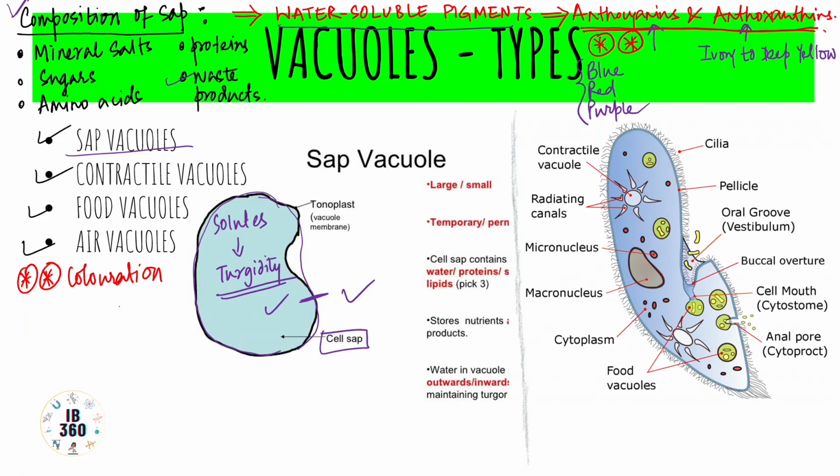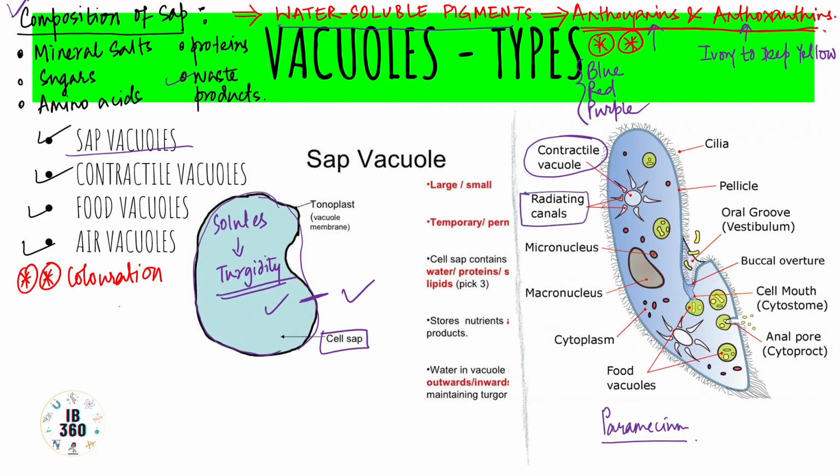So in this diagram you see an example, a diagram of paramecium, and these are the contractile vacuoles. Surrounding the contractile vacuoles are radiating canals.